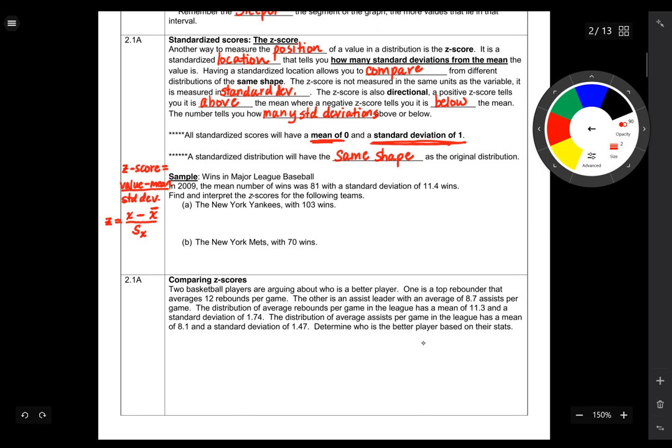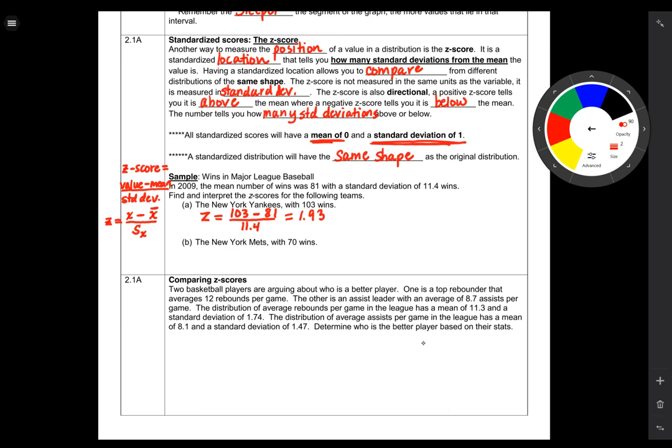So to find the z-score of the Yankees, their value is 103 wins minus the mean of 81 divided by the standard deviation, which is 11.4. And you do the division, you end up getting a z-score of 1.93. And how do I interpret that?